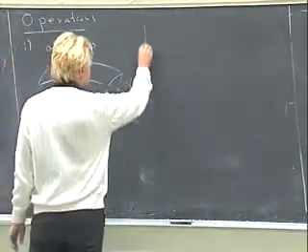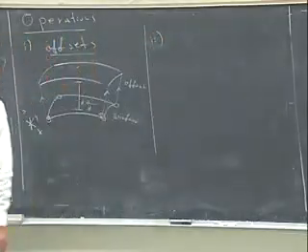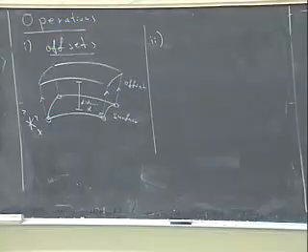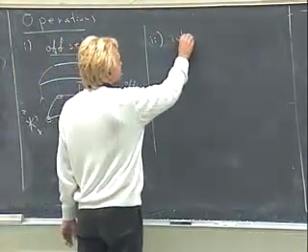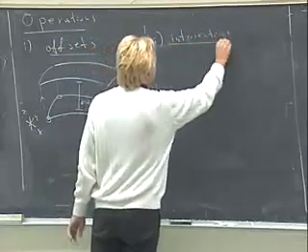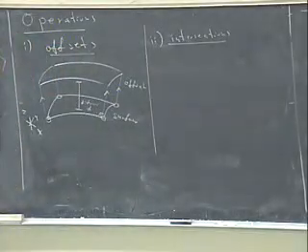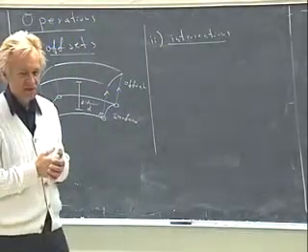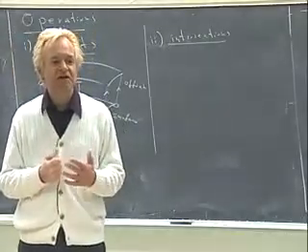Now, the other important operation, of course, is called intersections. Why do we need to worry about intersections? Typically, the individual components of a complicated car body or aircraft design are designed independently.